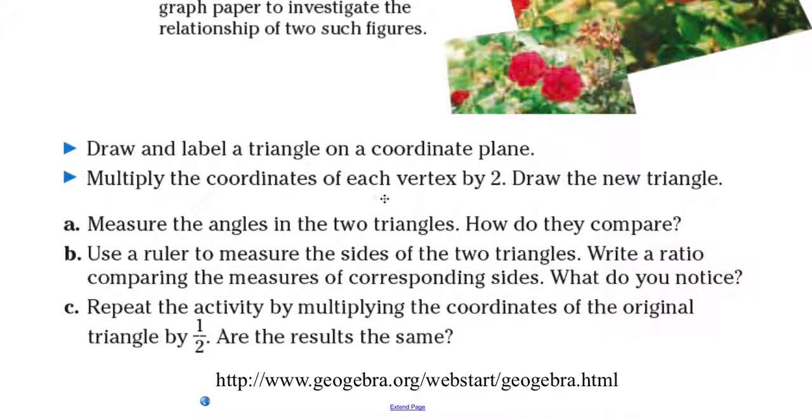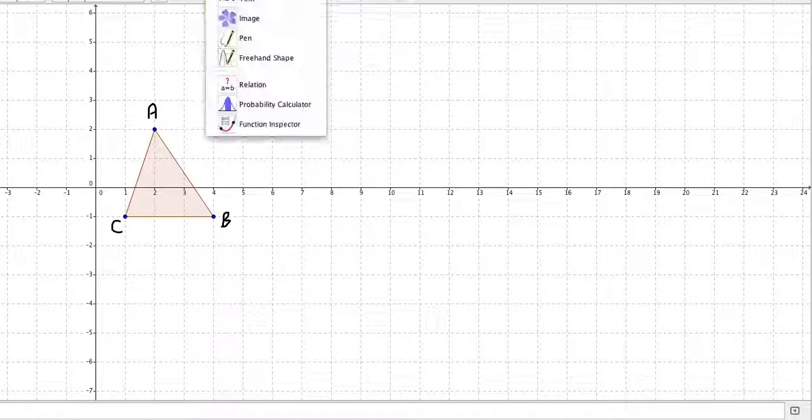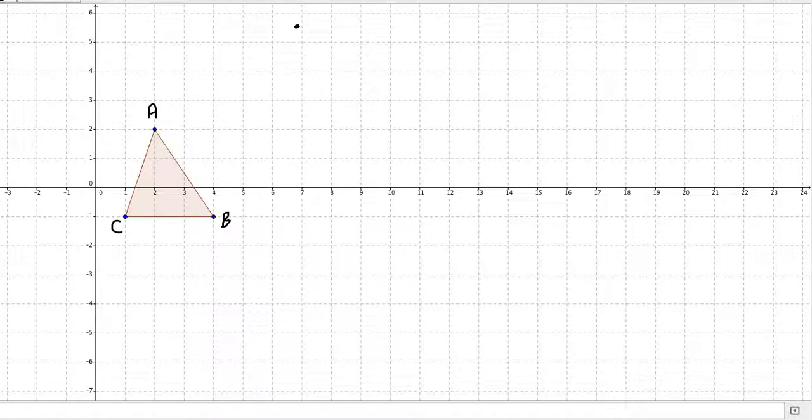Multiply the coordinates of each vertex by 2. Draw the new triangle. If we go back to our triangle ABC, the vertices are (2, 2), (-1, 1), and (4, -1). Vertex A is (2, 2), and it says to multiply the coordinates of each vertex by 2.